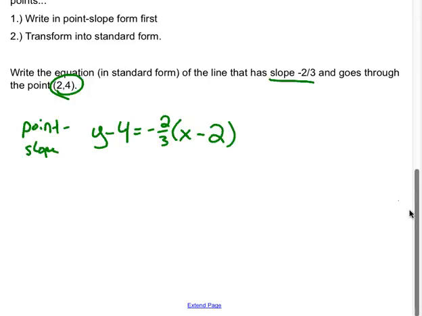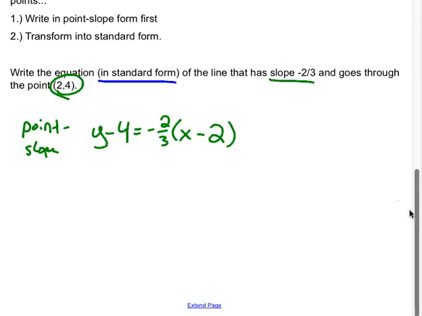So that's what we've got as of now, okay? So that is a legitimate point-slope equation, but it says it wants it in standard form. All right, so standard form means no fractions, and it means x and y are together. So let's talk about how we can make that happen.